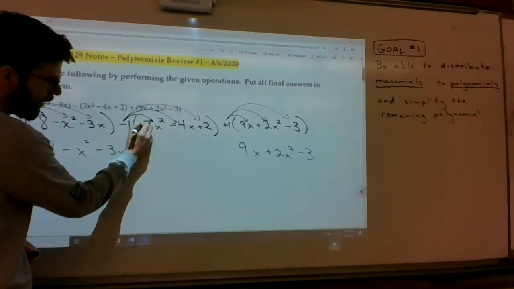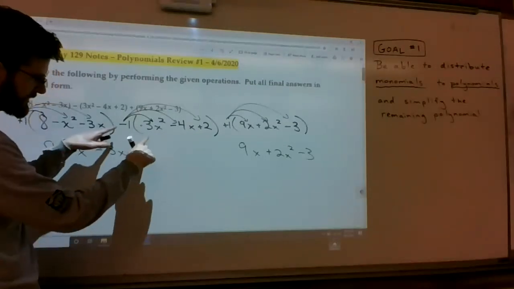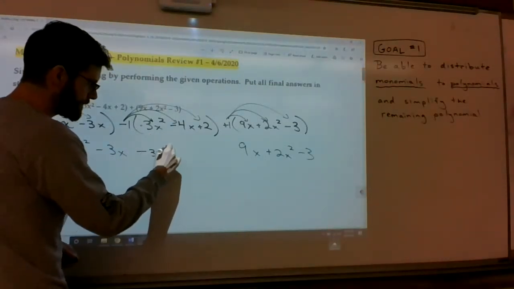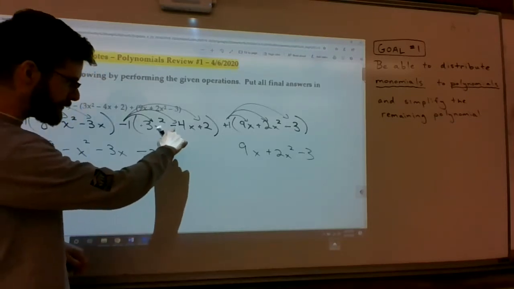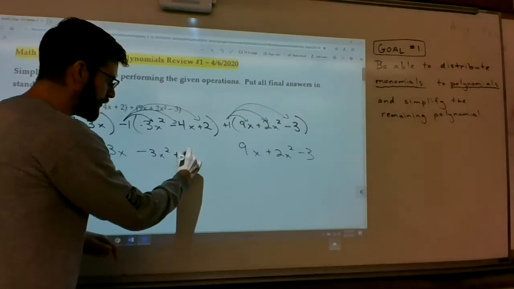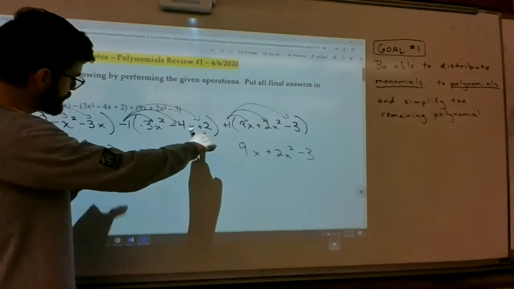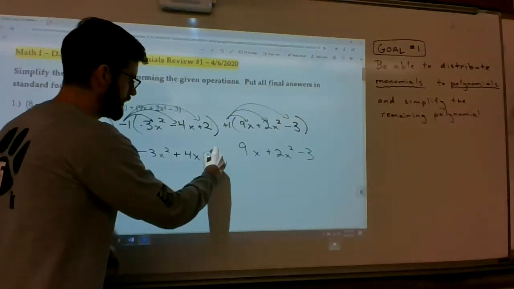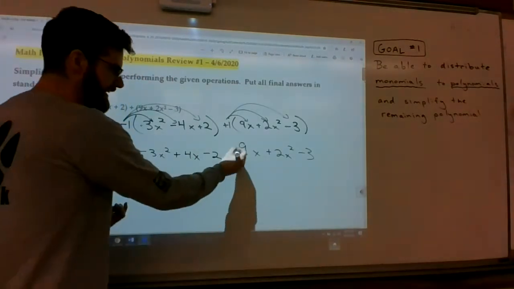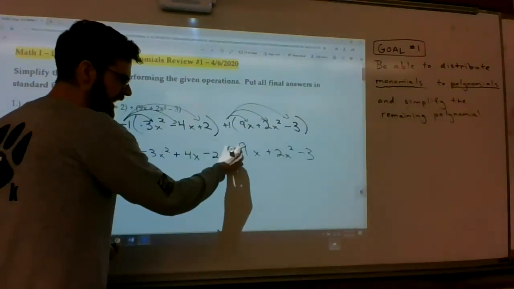So it was a positive 3x squared, but since it's a negative 1 times that, we get a negative 3x squared here. Because it was a negative 4x, that negative 1 changes it to positive 4x, and then this positive 2 changes to a negative 2.